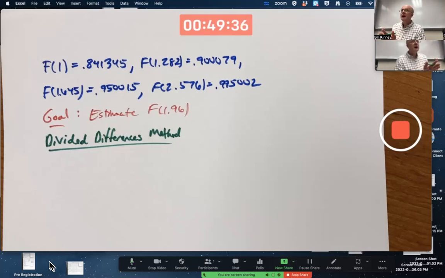Then with the 1st degree column, we had 3 linear polynomials. With the 2nd degree column, we had 2 quadratic polynomials. And with the 3rd degree column, we had 1 cubic polynomial approximation to the function value at 1.96. You didn't actually have to compute the polynomials themselves at all.